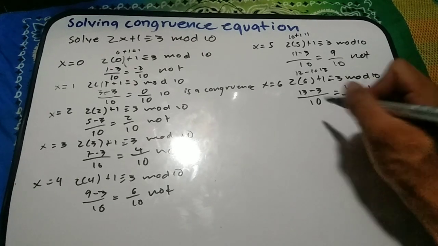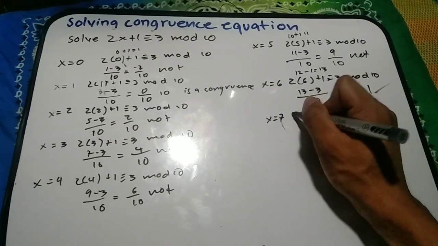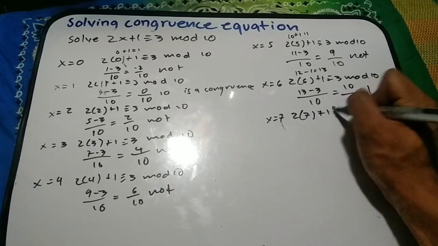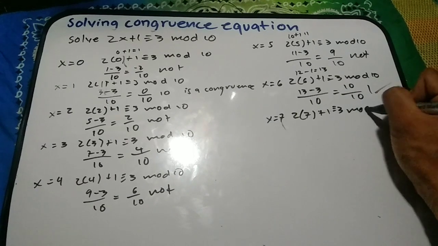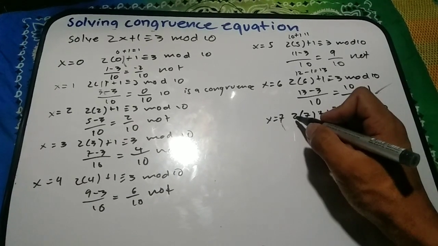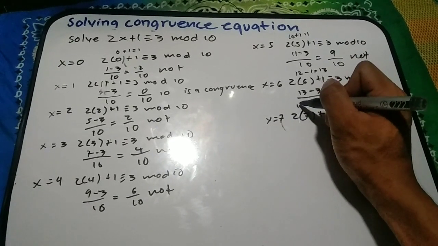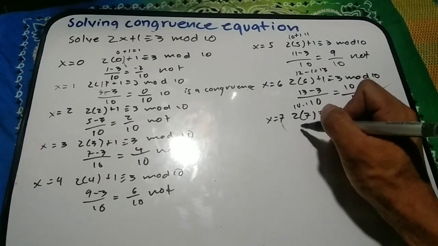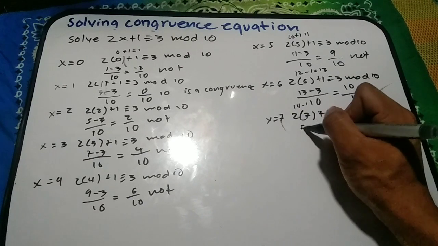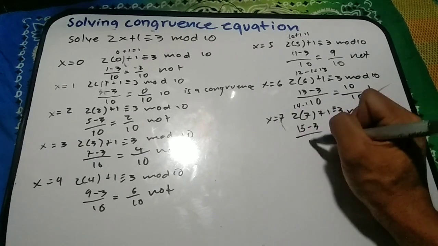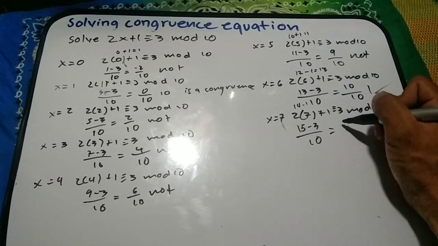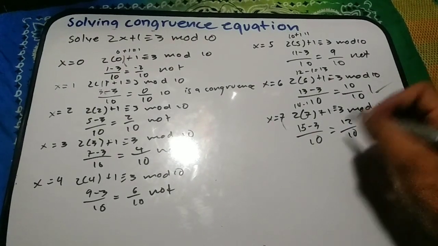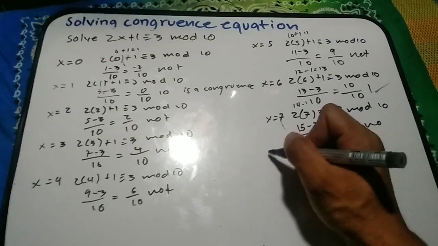So this is a congruence. If x is 7, 2 times 7 is 14, plus 1 is 15, minus 3 over 10 is 12 over 10. Not a solution because the remainder is 2.